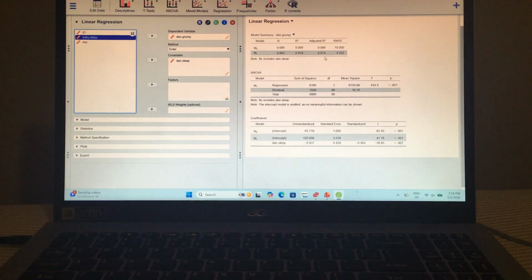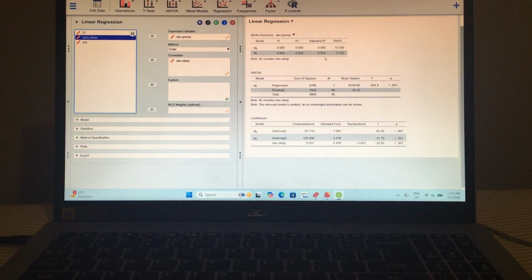The adjusted R squared is a modified version of the coefficient of determination, which takes into account the number of variables in the model. This will be more useful when we get to multiple linear regression later on, which will have more than one independent variable. And the RMSE stands for root mean square error.